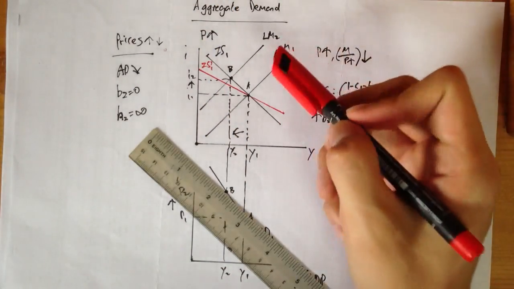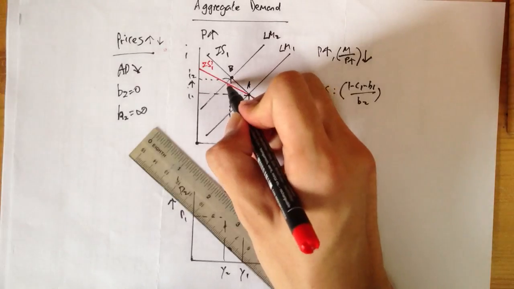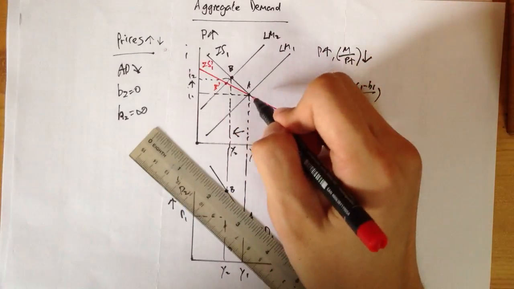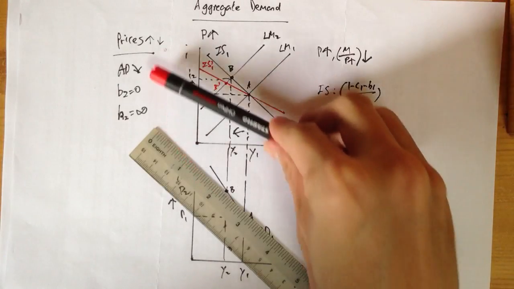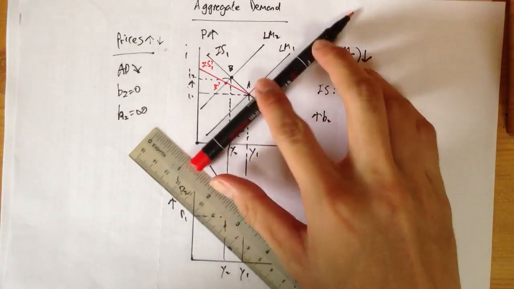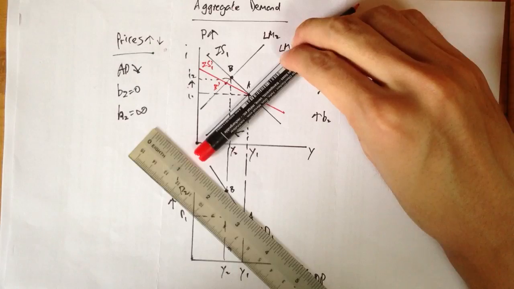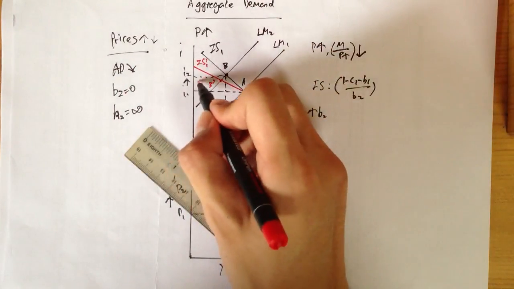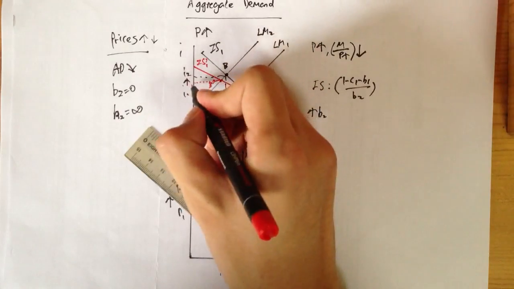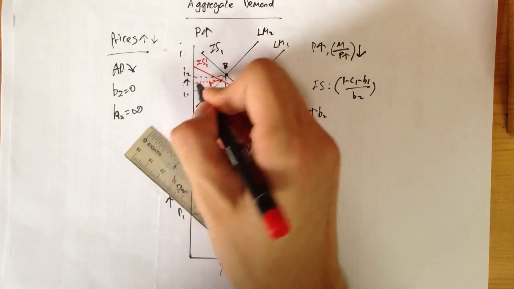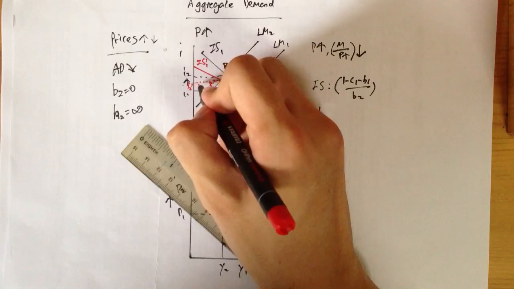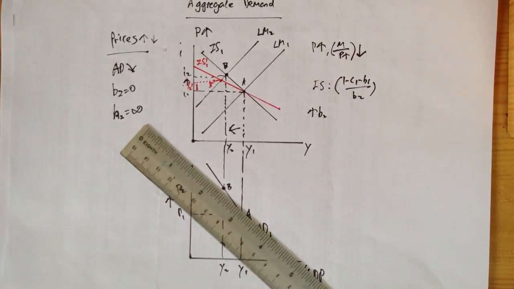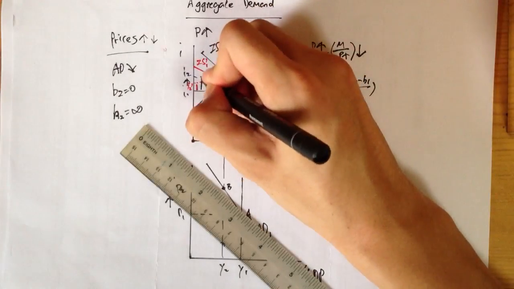So you guys are just going to have a new equilibrium at point B, because in the first place we have a flatter IS, and then we use the same shift in LM, a reduction in money supply. But this way we can see that the interest rate actually doesn't rise that much. So it is this much as compared to this much.